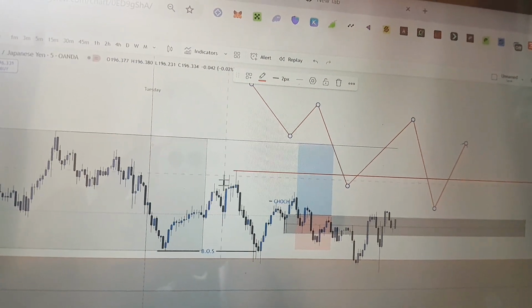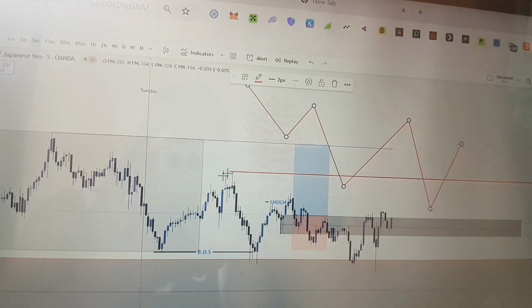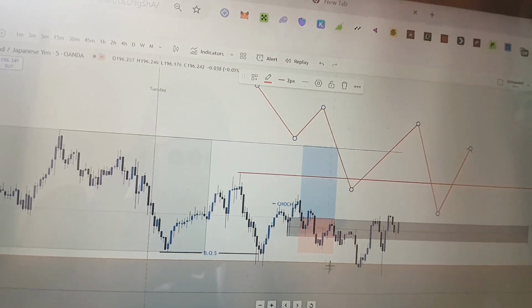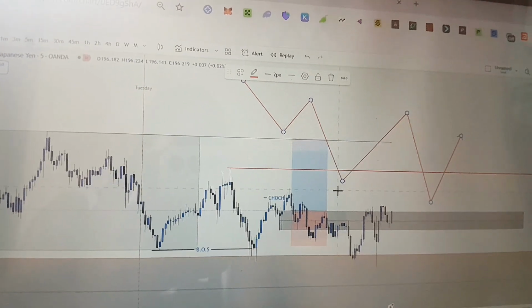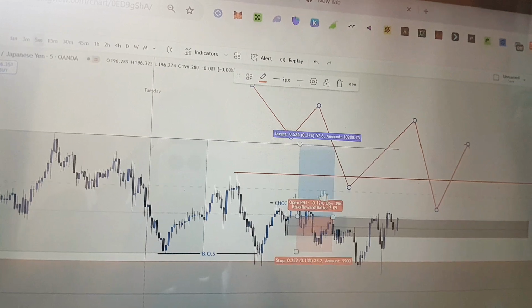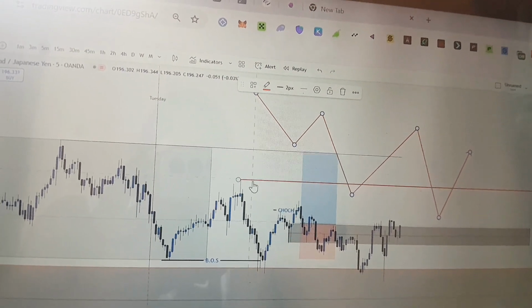But looking at this market structure here, you see that this is just a clear downtrend. The market had not shifted in structure, so I was supposed to wait a little bit and see what happened. Besides, I also marked out this zone on 15 minutes.